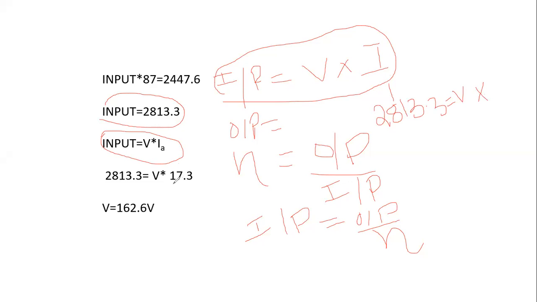What is I? That is 17.3. Then we obtain the voltage V, that is equal to 162.6 volts. This is the input voltage V.